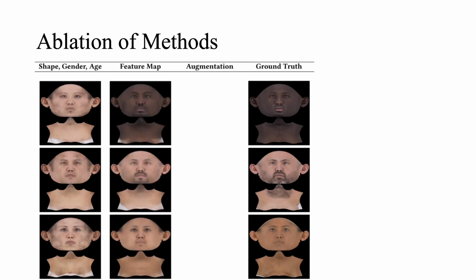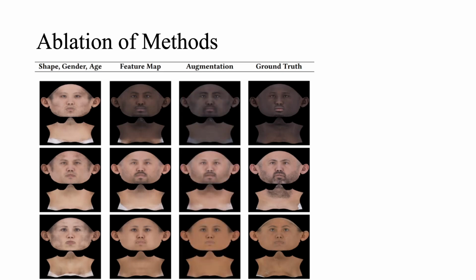By adding the feature map, we start to get textures which are much closer to the target. However, the appearance values do not match exactly for underrepresented groups in our dataset. Using condition augmentation helps alleviate this problem and gives a very close match to the target textures for these 3 test samples which have very different appearances.